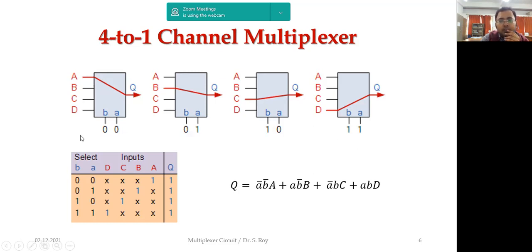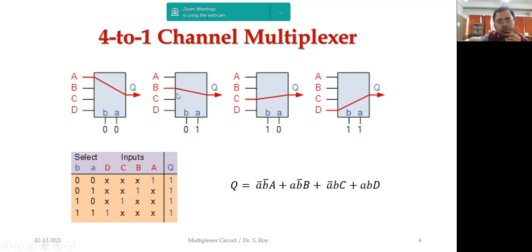The rest are not connected, so whatever value is in the B, C, and D inputs is not going to be reflected in the output, because only A is connected. If I move to the second diagram, whenever the select line configuration is 0, 1, that is small b equal to 0 and small a equal to 1, we can observe the B input, the second input, is connected. So whatever the input configuration is in B will be reflected in the output.